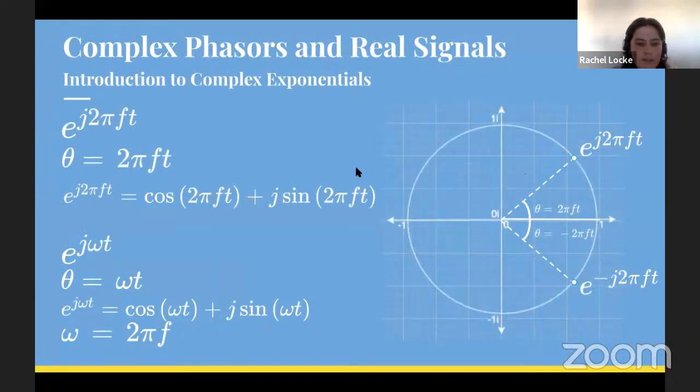Finally, let's introduce complex phasors and real signals. Consider a complex number whose magnitude is 1, as we just saw with Euler's formula, and whose phase angle increases with time.